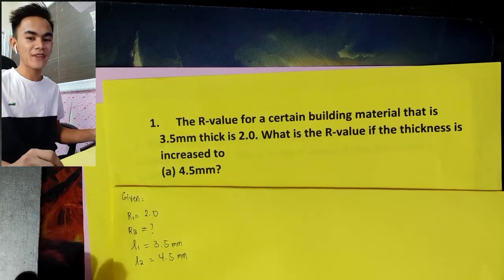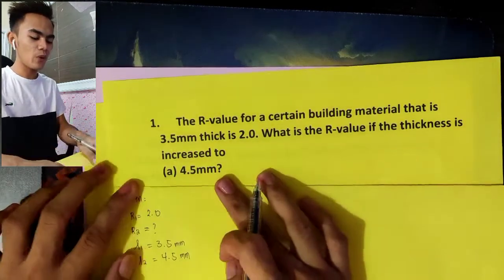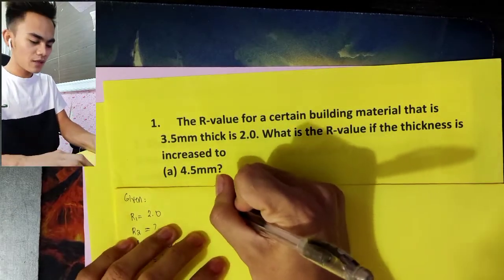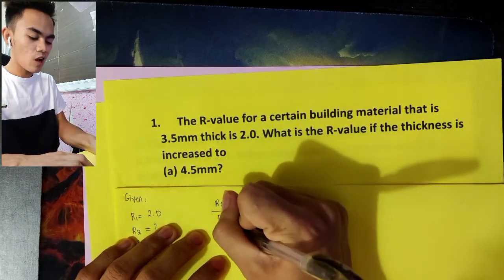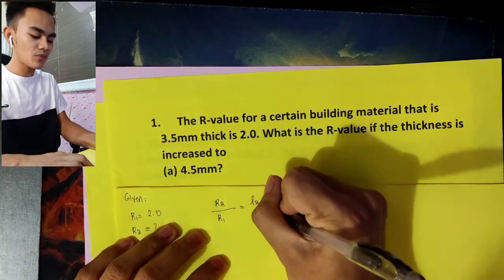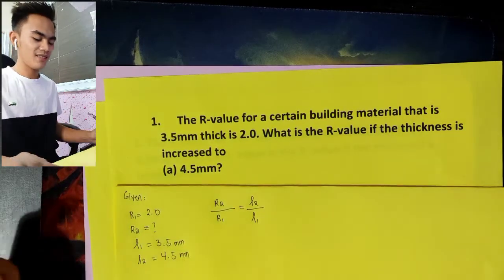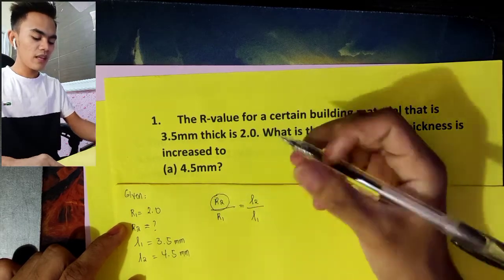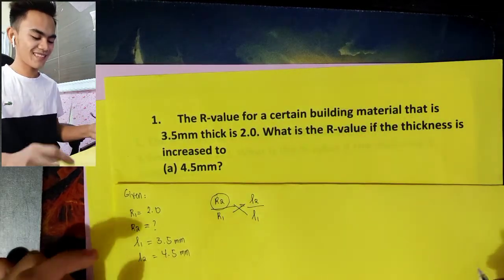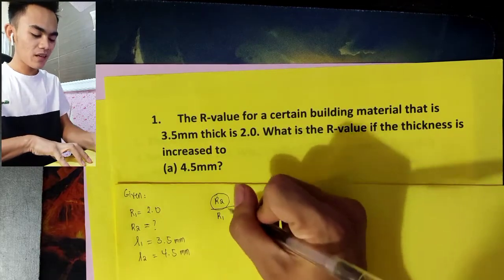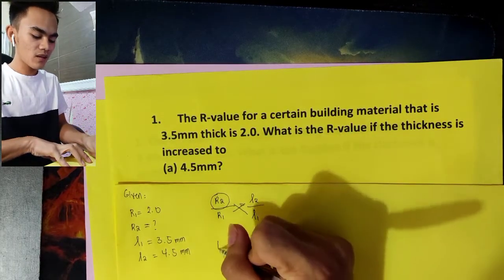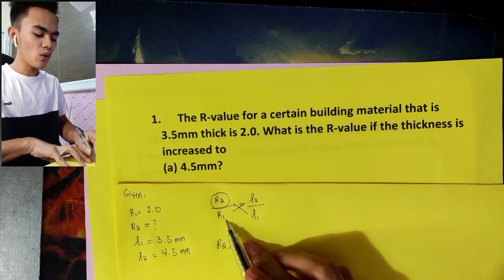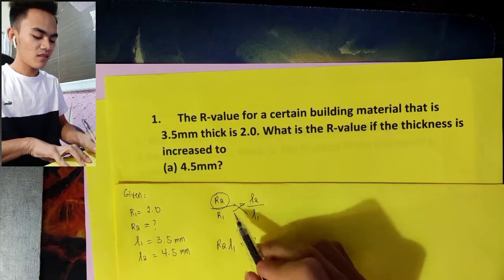Okay, after identifying our given, let's derive our own equation. We have R2 over R1 is equal to L2 over L1. In order to get our R2 value, let's multiply: R2 times L1 is equal to R1 and L2.